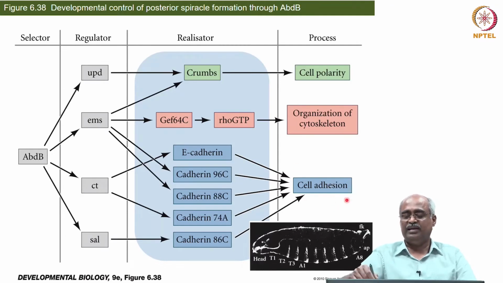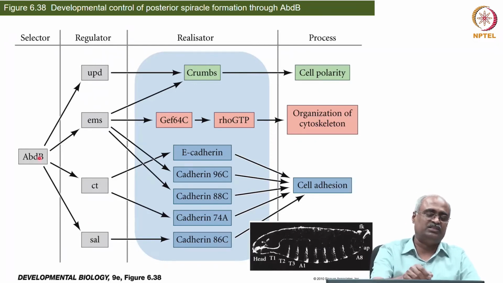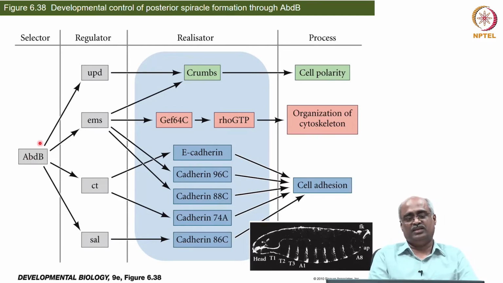So finally these properties of cell structure and function have to be brought about by proteins that are directly involved in them, and those proteins have to be expressed at the right place in the right proportions, and that is determined by these regulator genes, which are in turn activated by the homeotic genes. So this is how homeotic genes, also called Hox genes in short, control the formation of organ identity in Drosophila embryogenesis.